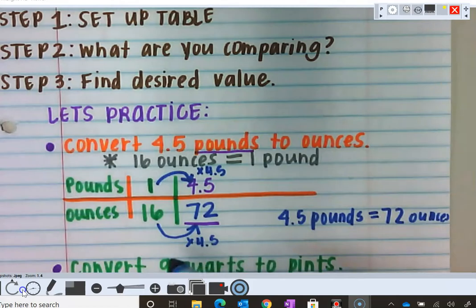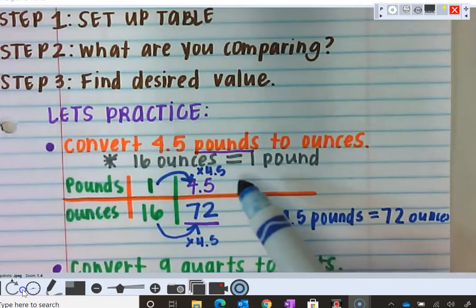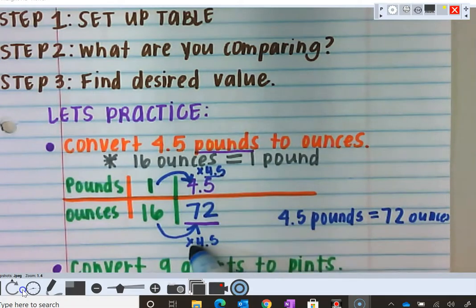And we use the relationship that 1 pound is equal to 16 ounces. So we're just filling in our table, and we're changing our values based on the information we know. So think about our equivalency tables, how we change the values in the table based on the relationship that we knew. And this relationship is multiplying by 4.5. All right, let's move on to the next one.